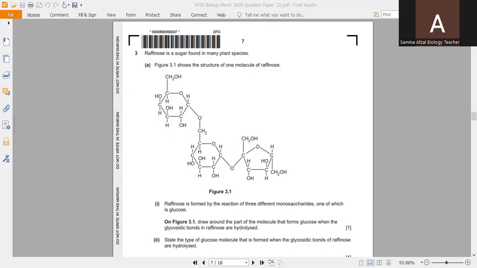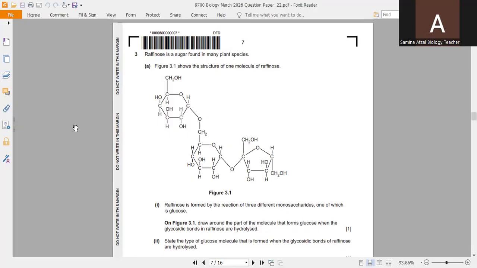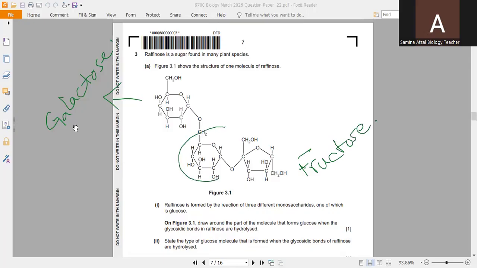The upper one is galactose, and the lower one is fructose. And this is the glucose. So these are the three monosaccharides which make up this raffinose molecule.